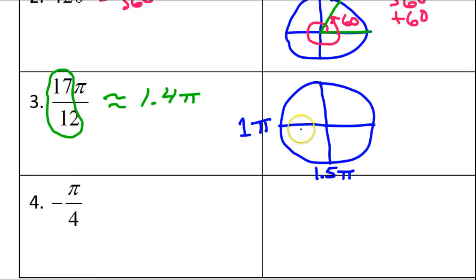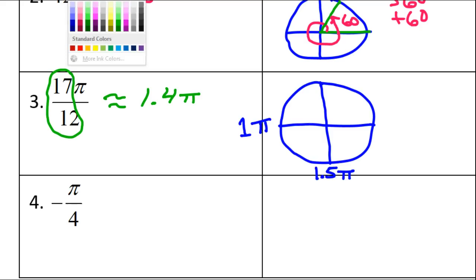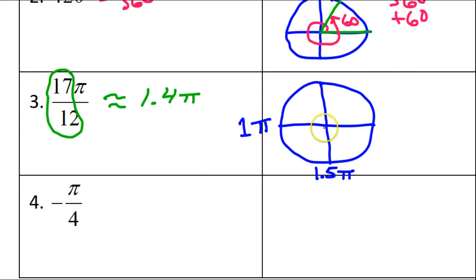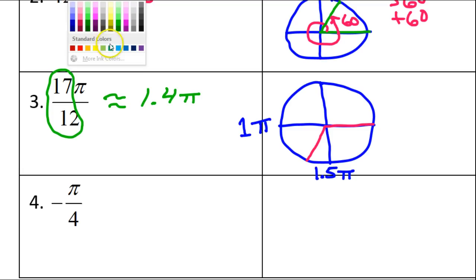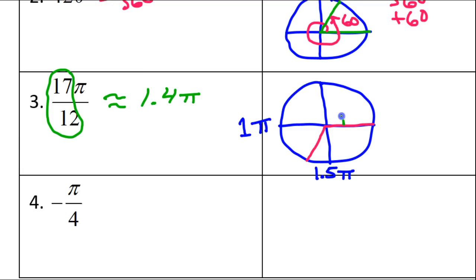So that means this angle is going to fall somewhere in this third quadrant between 1 pi and 1.5 pi, probably fairly close to 1.5. But the main thing is getting the quadrant right. So it's going to be somewhere in here. Okay, and if I start off in standard position, then I'm talking about this. So this would be a sketch of 17 pi over 12.